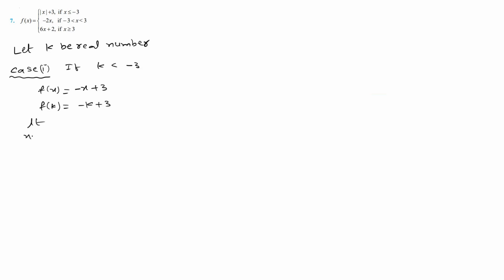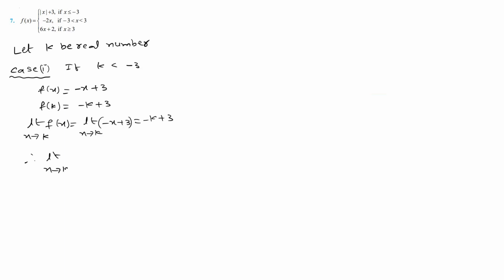Even the limit as x tends to k of f of x is minus x plus 3, which is equal to minus k plus 3. So here also f of k is equal to the limit as x tends to k.